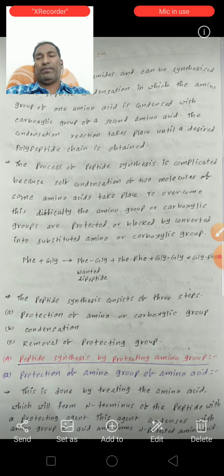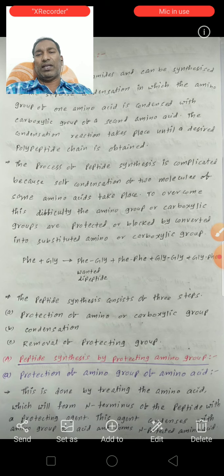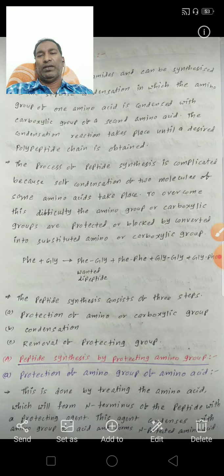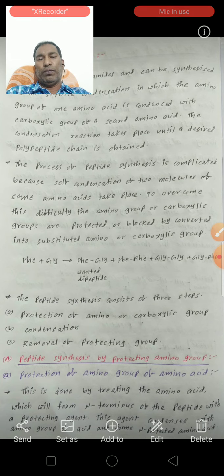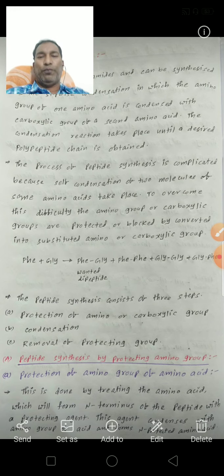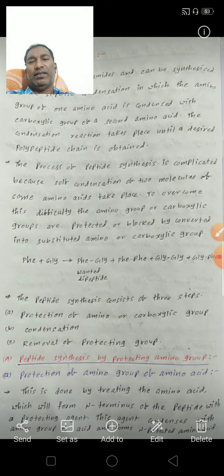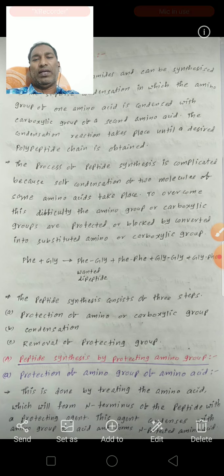See here, when phenylalanine and glycine are condensed, generally a phenylalanylglycine dipeptide forms. But here we expect four possible peptides. Phenylalanine and glycine both combine to form a phenylalanylglycine dipeptide.